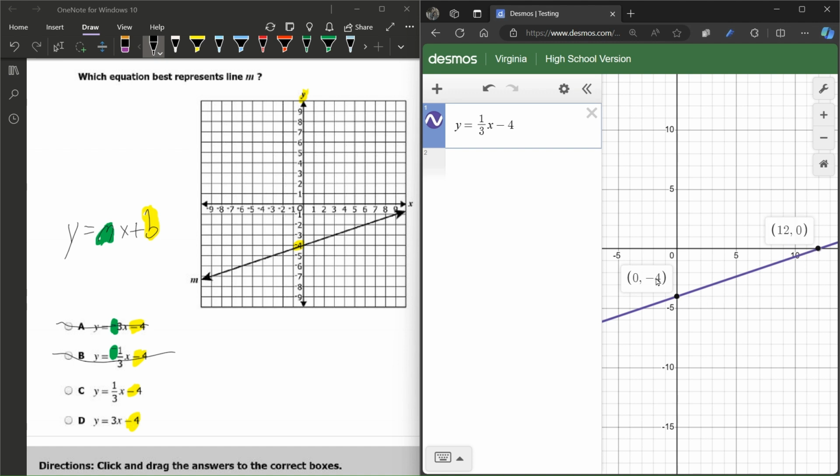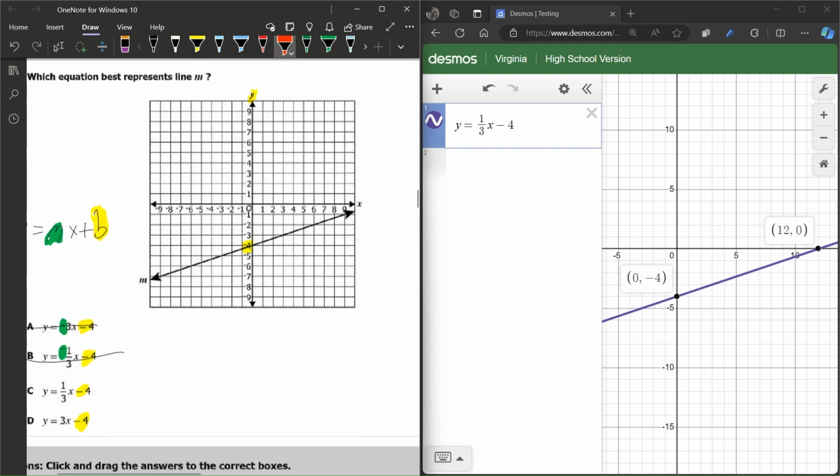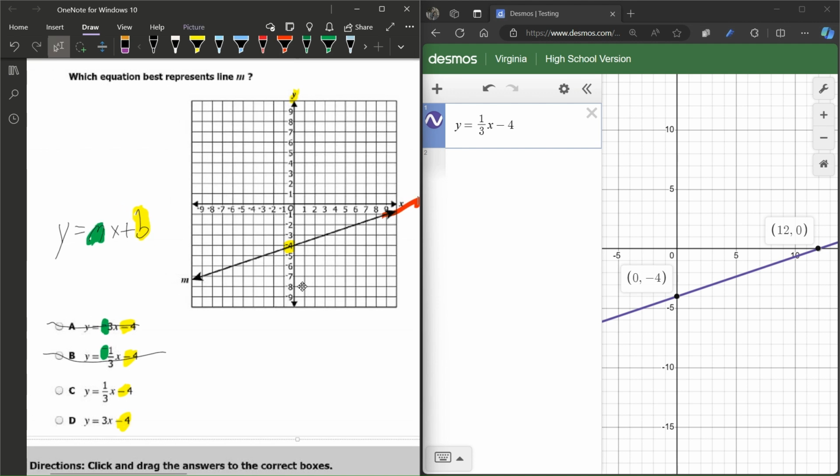The y-intercept is -4 and my x-intercept is 12, which here only goes up to 10, so it's just about right. That can help if you had any doubts whether you picked the right answer. So in this case, it is answer C.